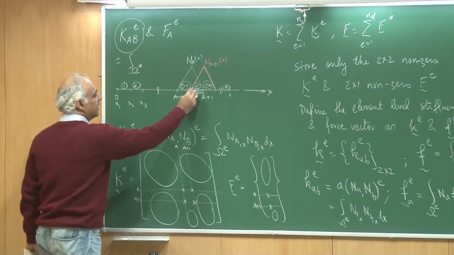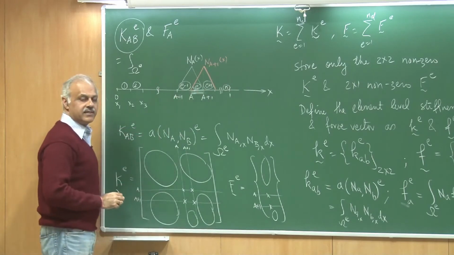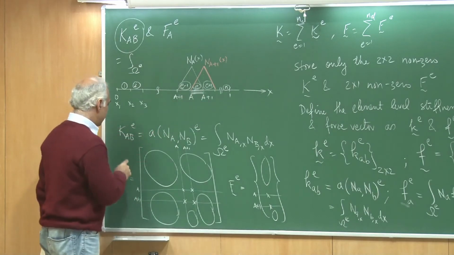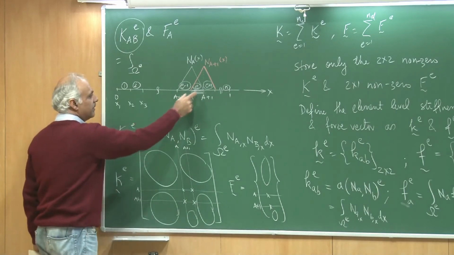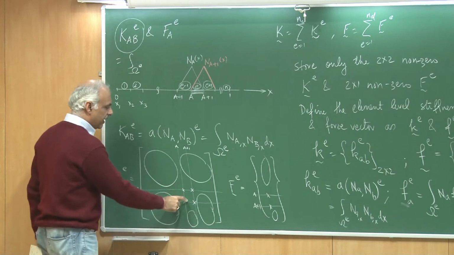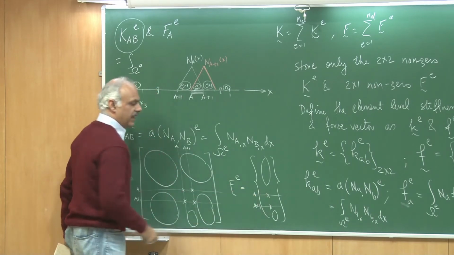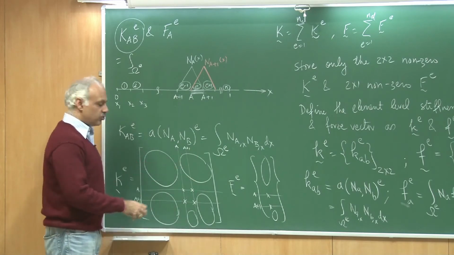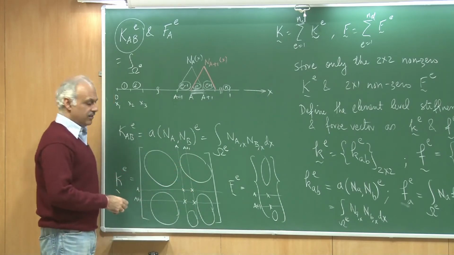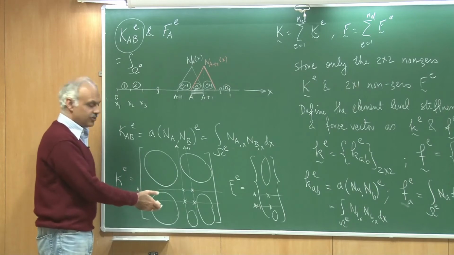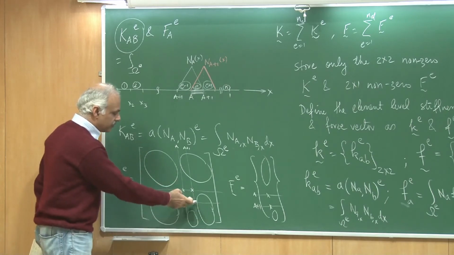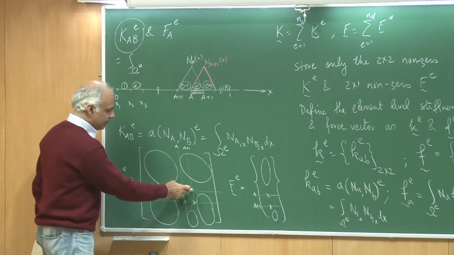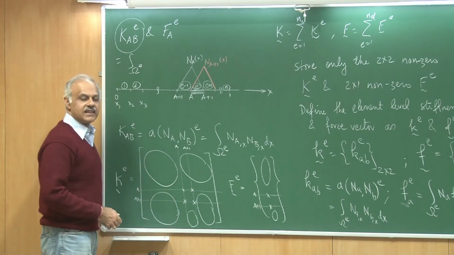So, as an example, let us take the element E. When I evaluate the contribution of K only for element E, the only non-zero values are these 2 by 2 matrix and this 2 by 1 vector, and I do not have to store the rest of it. So, I compute only these values, which in fact are also symmetric. So, I do not have to store these 4 values, I can get away by storing only the 3 values, because these 2 values are going to be identical.